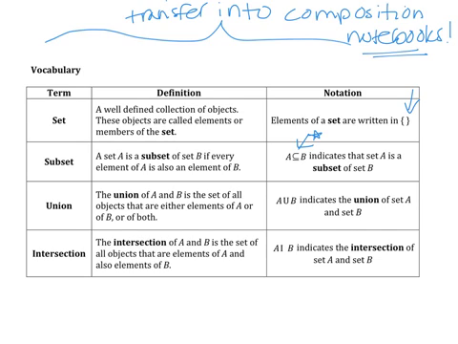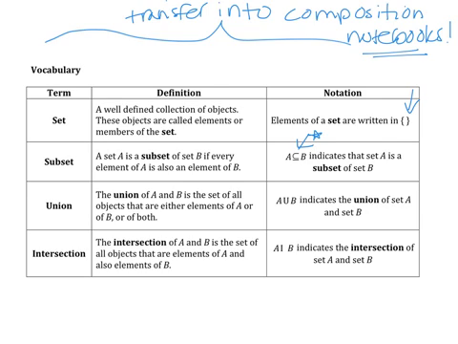A union of subsets A and B is the set of all objects that are either elements of A or of B or of both. Okay, I have to tell you that the way in which they wrote this is not correct.